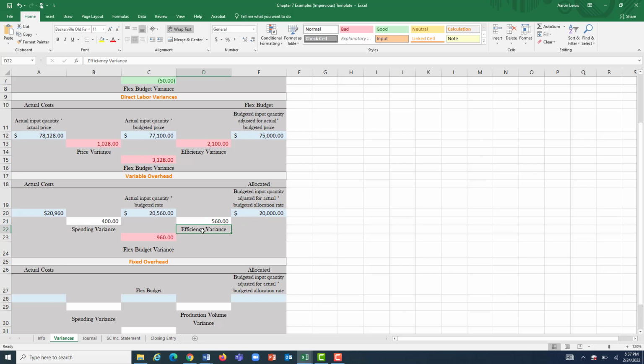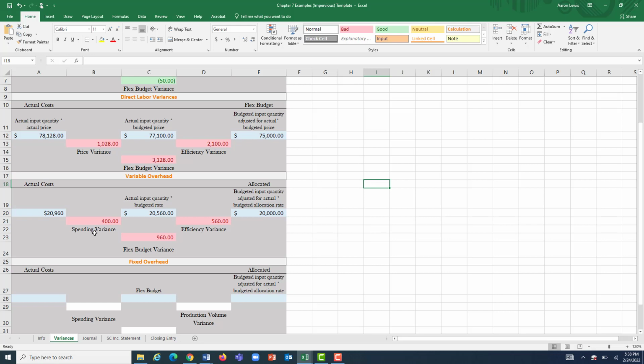So even at our budgeted rate, because we used more labor hours, we incurred $560 more in variable overhead costs, which means that is an unfavorable variance. We spent $400 more in variable overhead because the price of some component of our variable overhead increased on a per unit basis during the period.